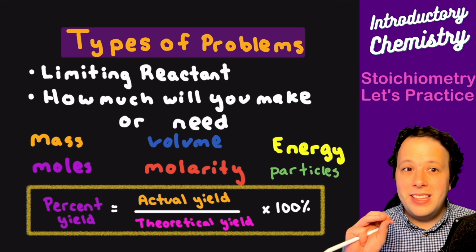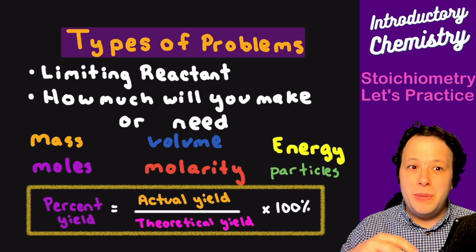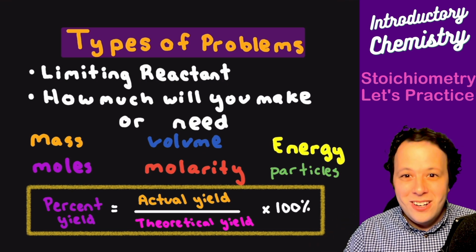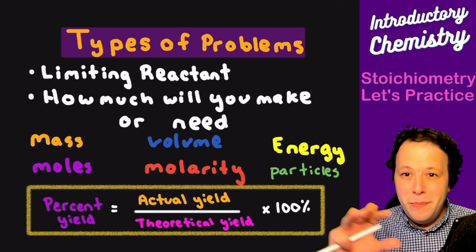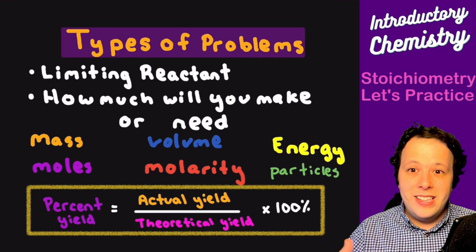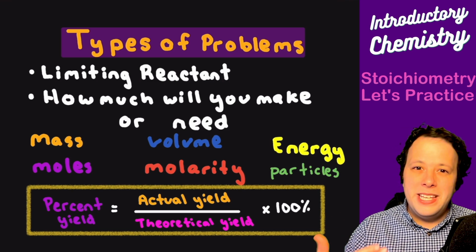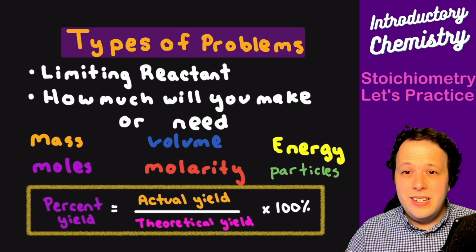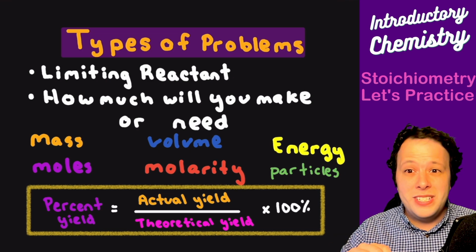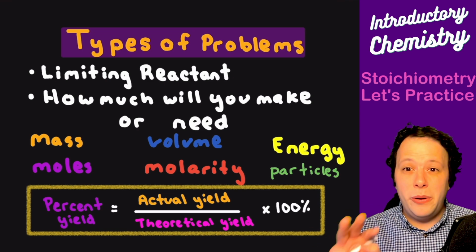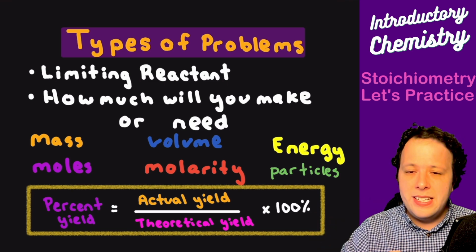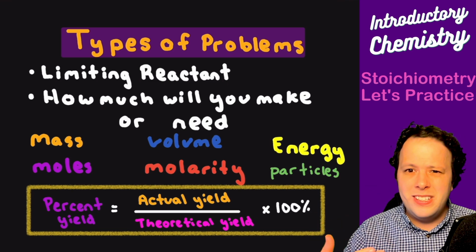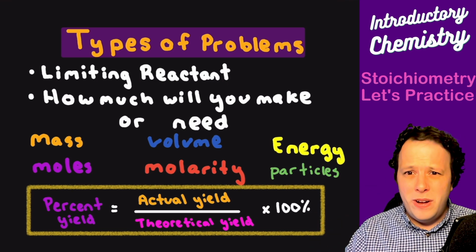Maybe you need to calculate the mass or the volume or the molarity or moles or energy, or even going back to particles with Avogadro's number. There are many different concepts that you can calculate once you get to moles. And then finally, maybe you have to do percent yield to determine how good was your original number using molar maps. So let's take a look at trying to put the entire thing together to see what a molar map looks like and trying to convert from one thing to another.